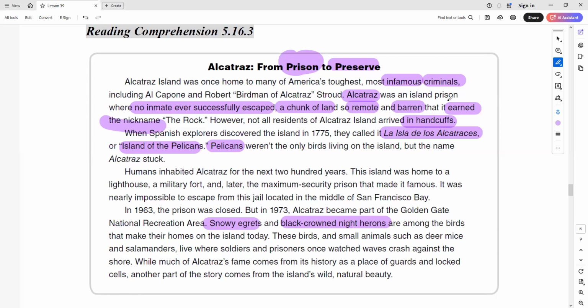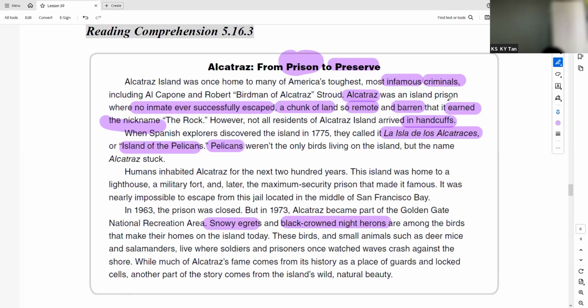Concern, read it, the rest. Humans inhabited Alcatraz for the next 200 years. This island was home to a lighthouse, a military fort, and later the maximum security prison that made it famous. It was nearly impossible to escape from this jail located in the middle of San Francisco Bay. In 1963, the prison was closed, but in 1973, Alcatraz became part of the Golden Gate National Recreation Area.